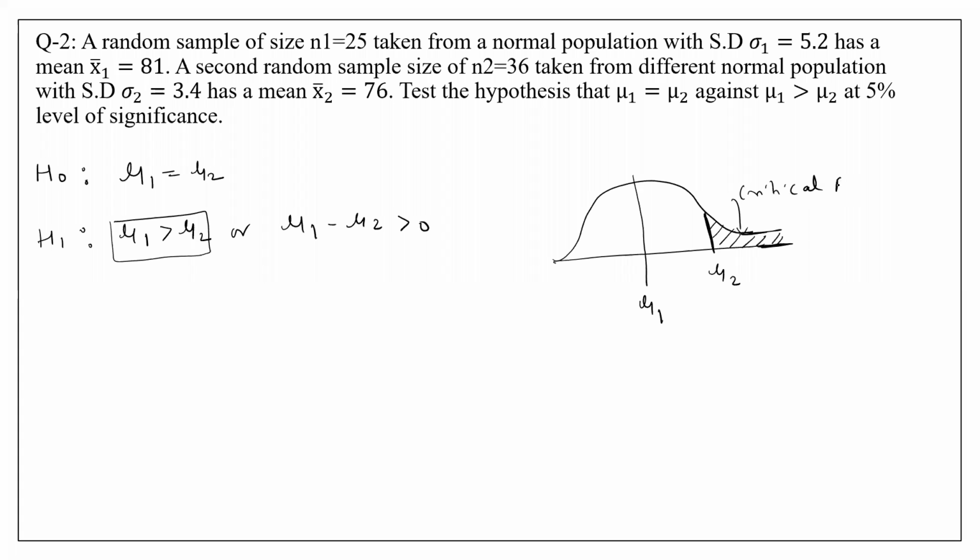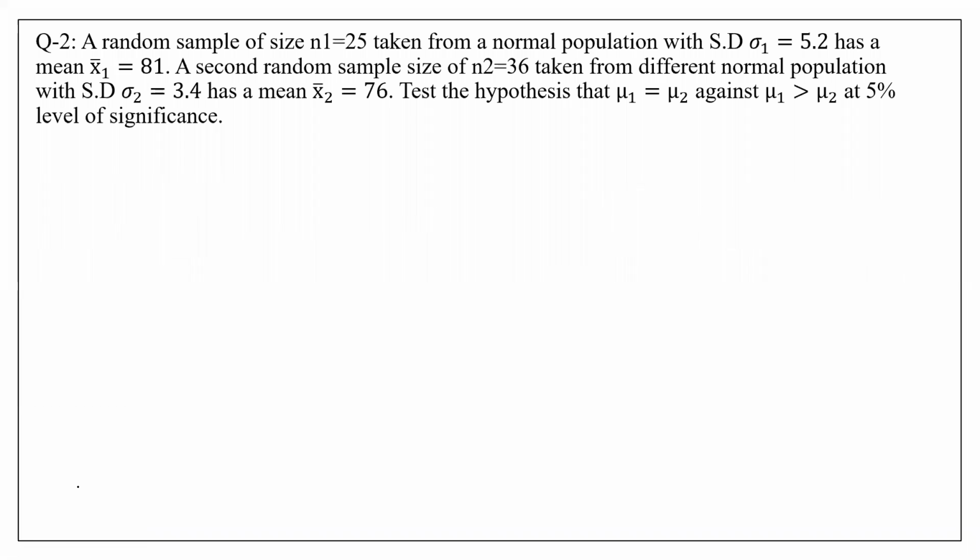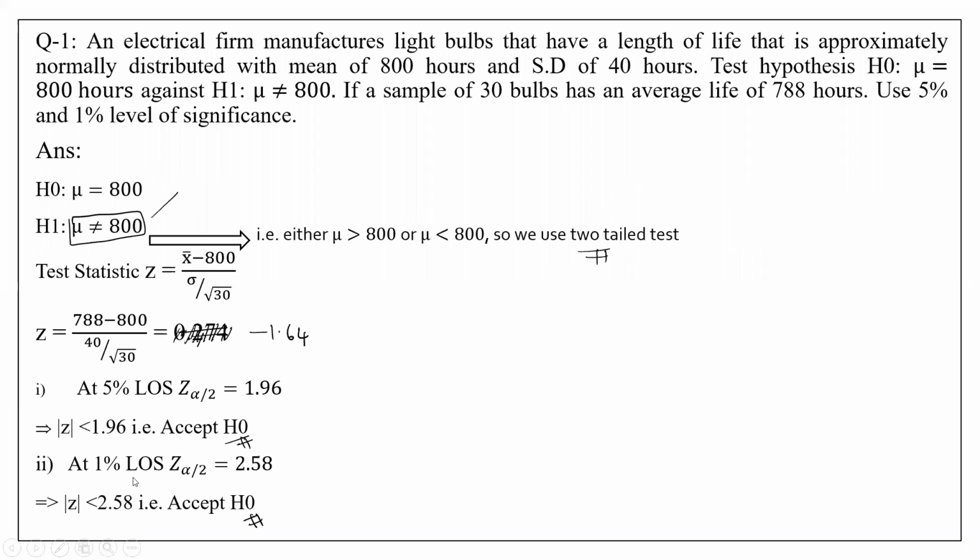Whatever z-score value you calculate, if it lies in this region, then you have to reject the hypothesis. And if it lies anywhere in this range, we have to accept the hypothesis. So this is all about the one-tailed test. Before I go to this problem, let me first explain the one-tailed test.